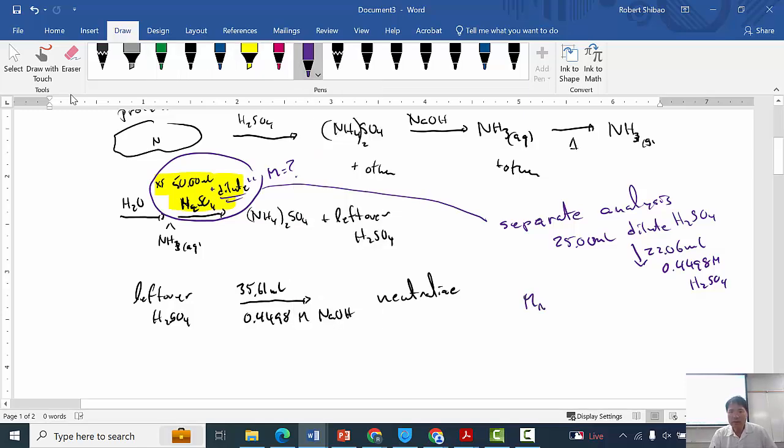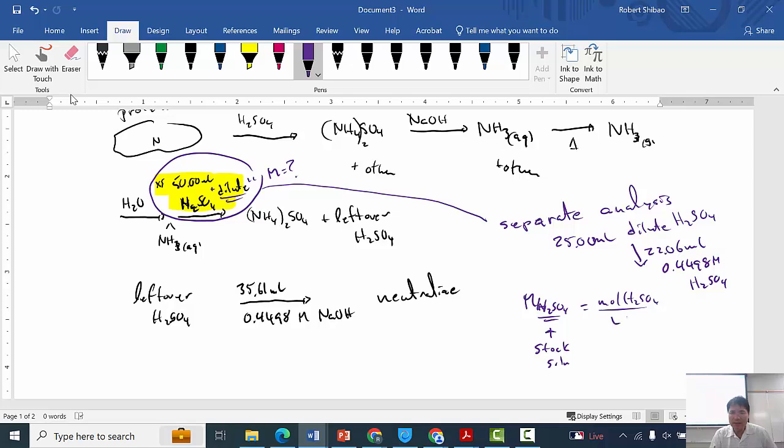The molarity of the dilute H2SO4, this is the stock solution, is just equal to the moles of H2SO4 divided by the liters of H2SO4 solution. So the moles of H2SO4 we're going to get from stoichiometry.